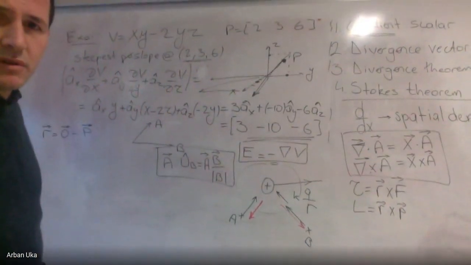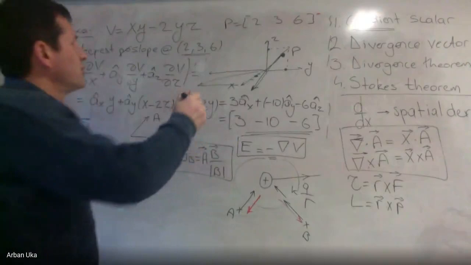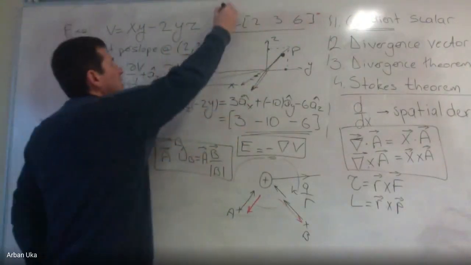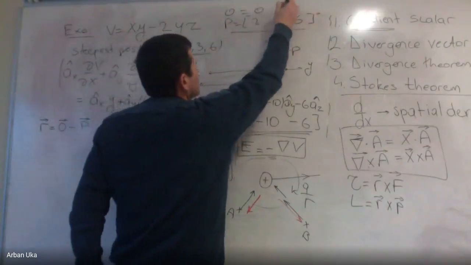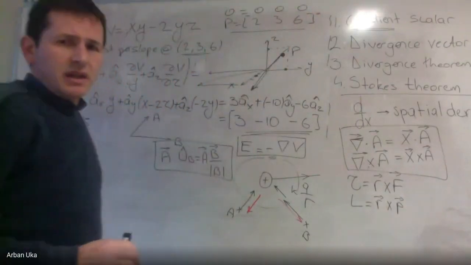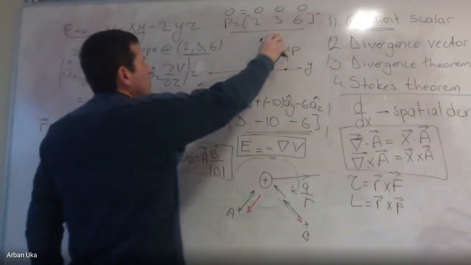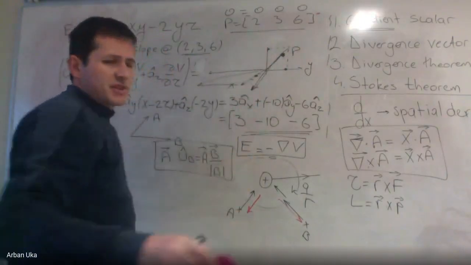Just for a moment, okay, you see it. So this is the point P here, and the point 0, or the origin, is equal to 0, 0, 0. Now, in order to find a vector which goes from point P to the origin, we just subtract these two.